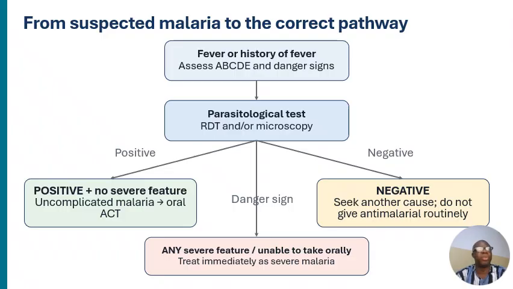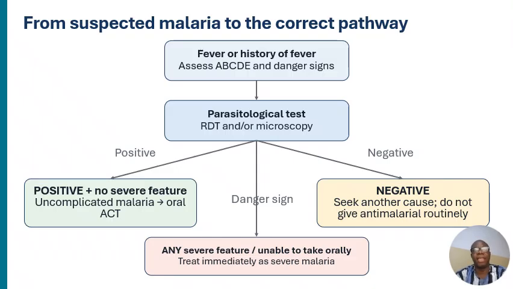Then perform a parasitological test using an RDT, microscopy, or both, depending on the availability and clinical situation of the child. If the test is positive, there is no severe feature or features of organ dysfunction, the child follows the uncomplicated malaria pathway and receives an appropriate oral ACT.